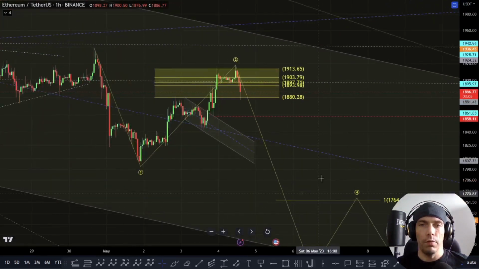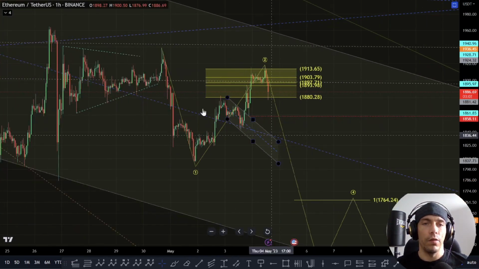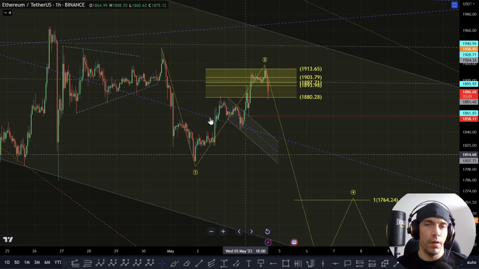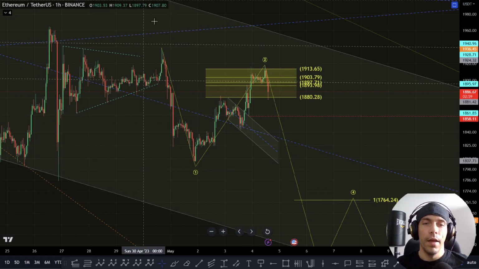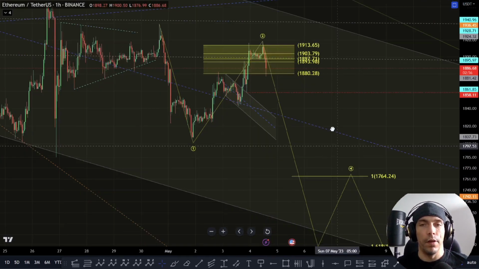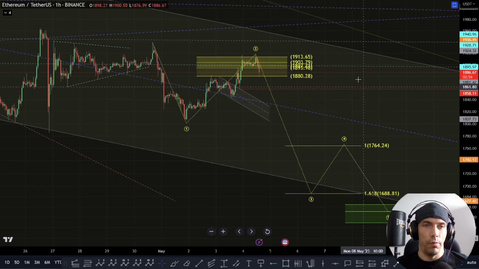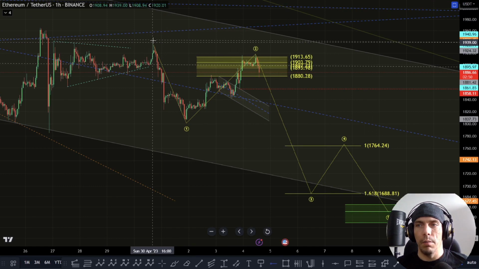So we've actually come up and been rejected off this 0.786. There are a couple of bearish options here, and there is also some bullish potential here. So we need to see how the waves react. We need to be a little bit patient. Really, the invalidation for this would be coming back above this 1939.